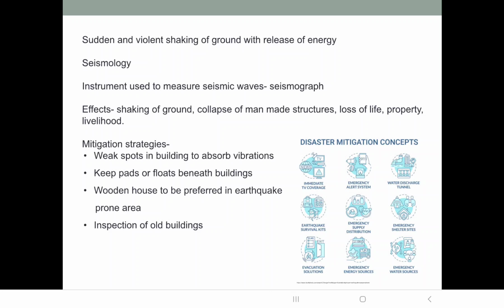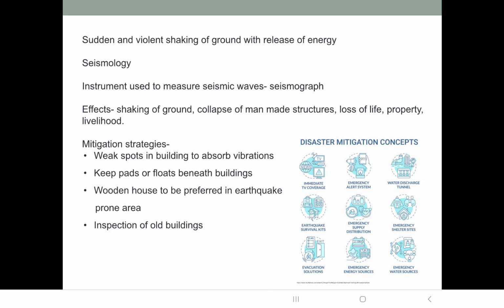So in this diagram you can see disaster mitigation concepts. What are those? Immediate TV coverage. If a disaster such as an earthquake has happened, one can immediately inform the authorities, and the people should be made aware that there is an earthquake in this area. Emergency alert system, that means we have the National Disaster Management Authority and State Disaster Management Authority.